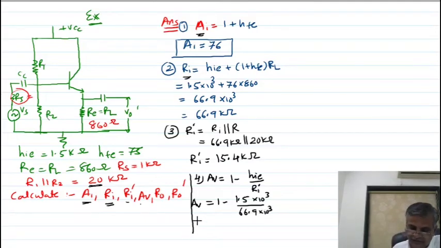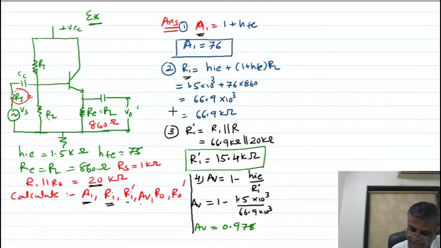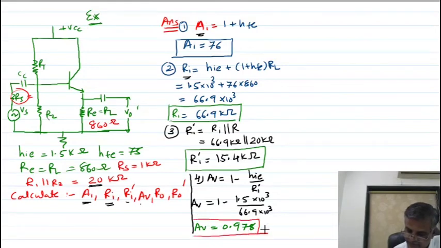If you find the voltage gain, you will get nearly 0.978. So we have AI, RI, RI dash and AV.